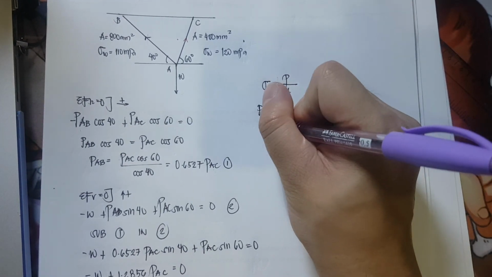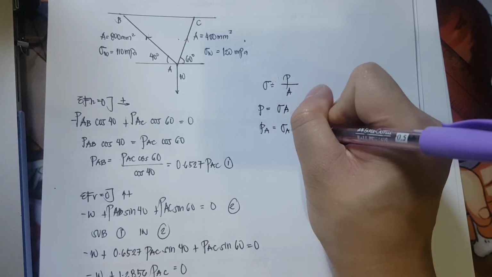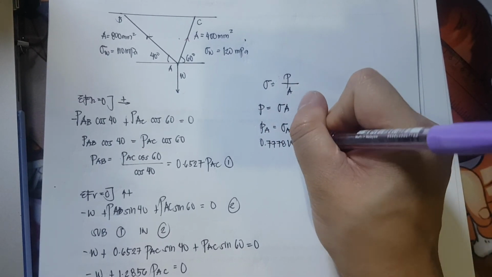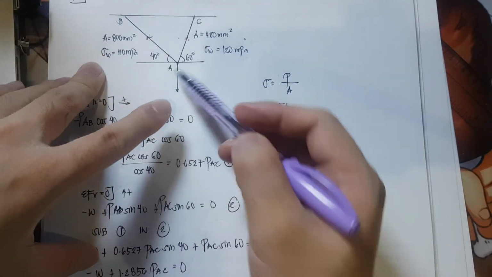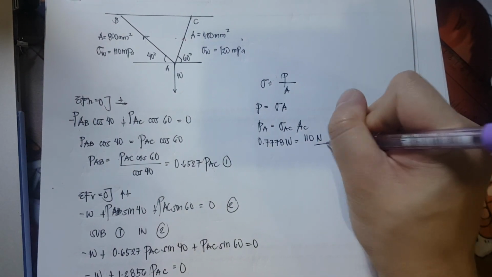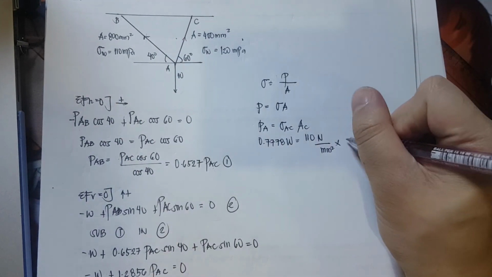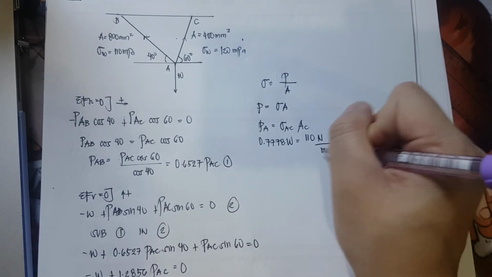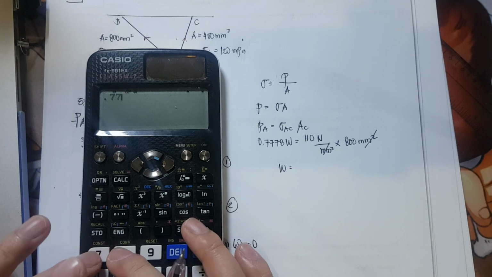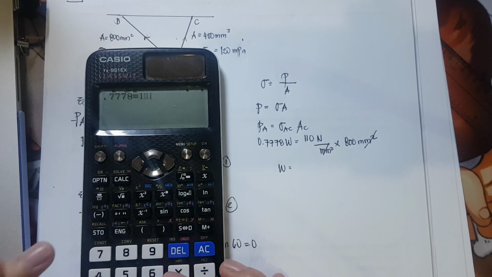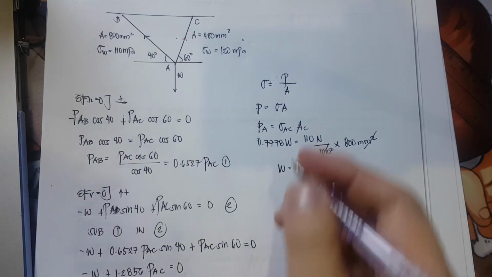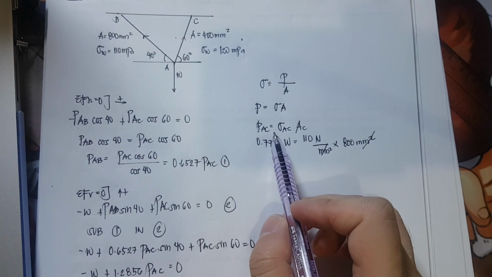So, PAC is equivalent to stress AC times the area AC. Oh, that's wrong. This is AC.